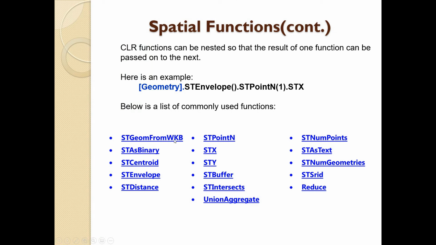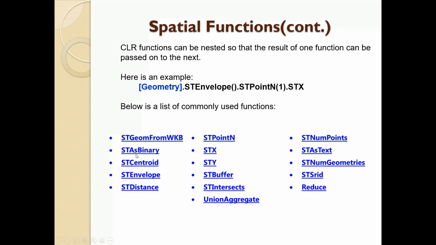This geom from well-known binary I use quite a bit, particularly when I change one shape into another shape or aggregate shapes and so forth. On projects that I've been working on before, we used this all the time to transfer from SQL Server into maps on the front end in the UI.